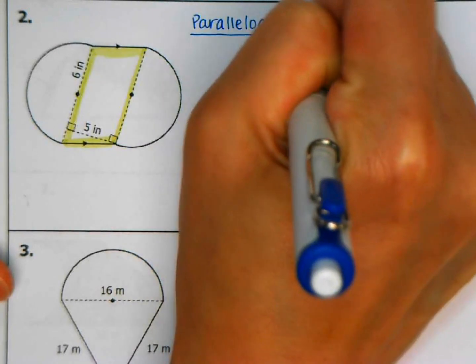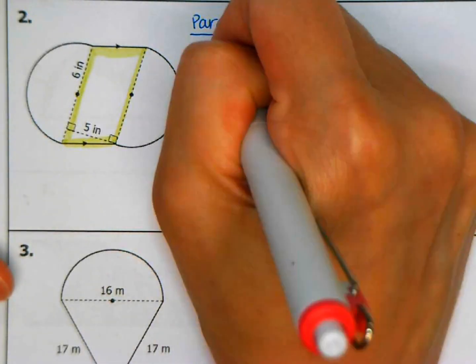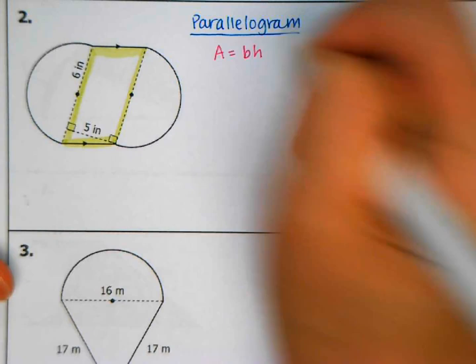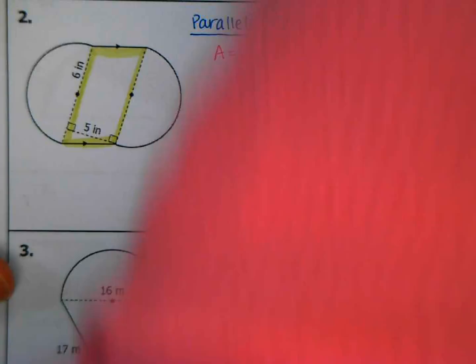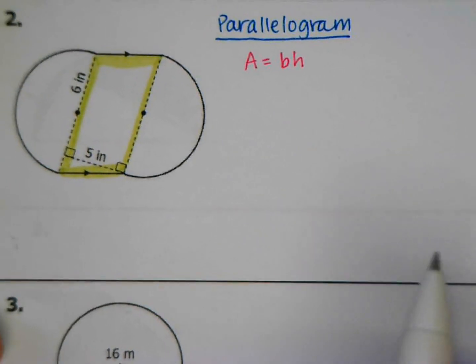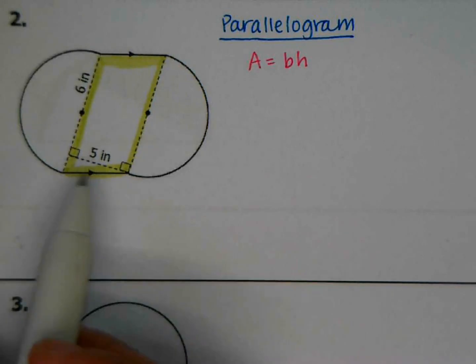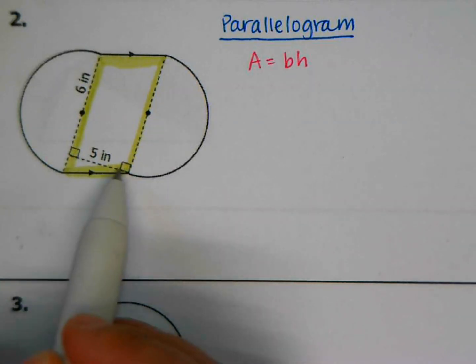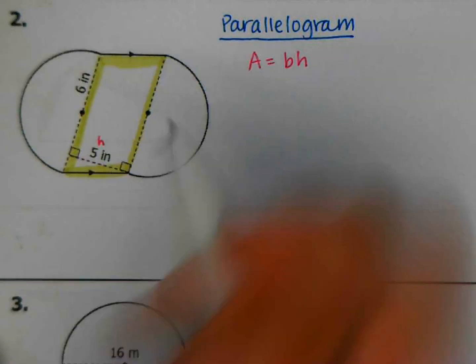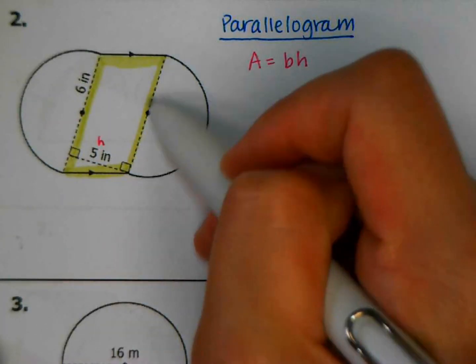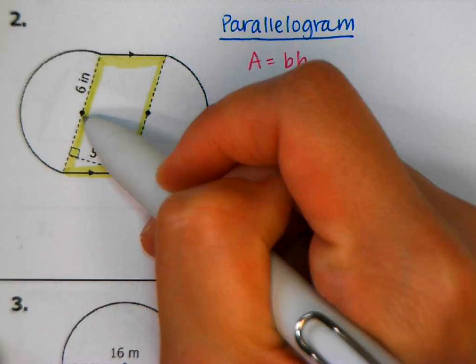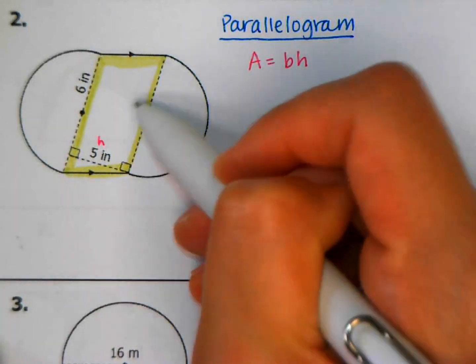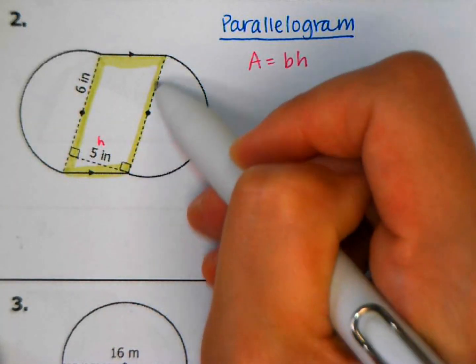So the area of a parallelogram is base times height. Always look for 90 degrees when we're trying to identify who's the base, who's the height. And so the height is 5. You can put a little h there. The base is missing. I have 6 here in this semicircle. So what is this entire length going to be?